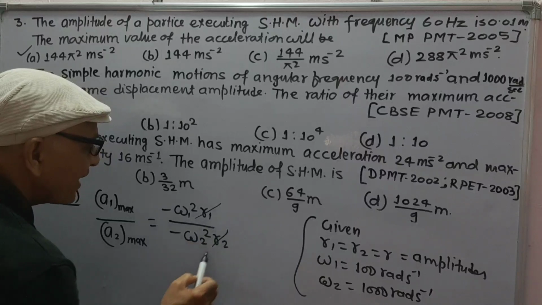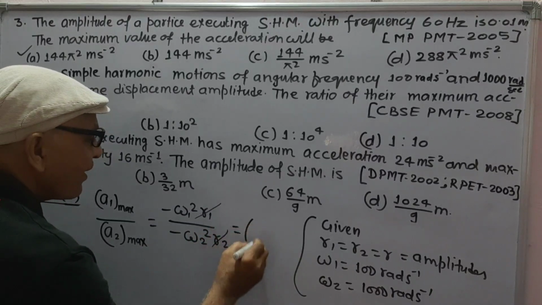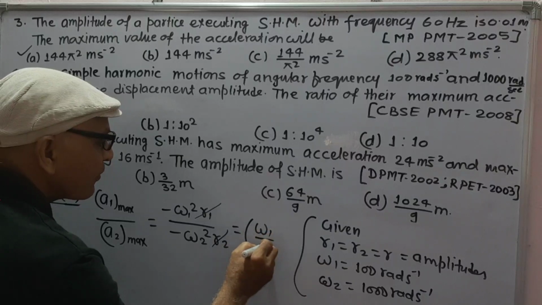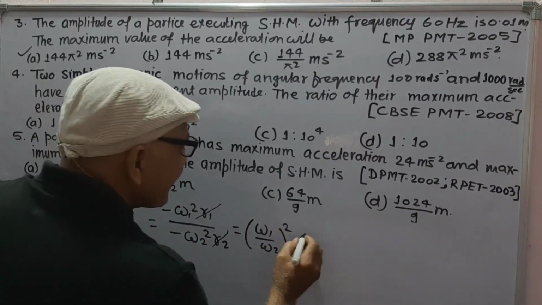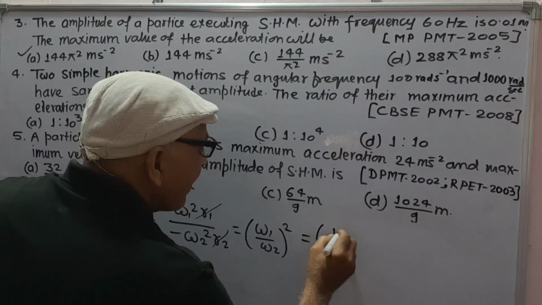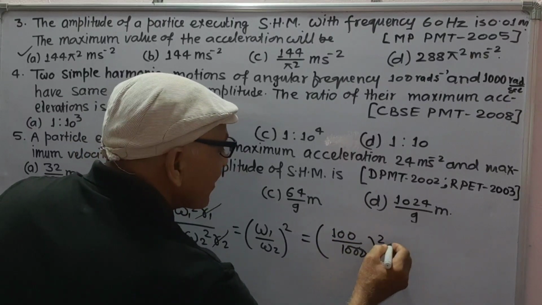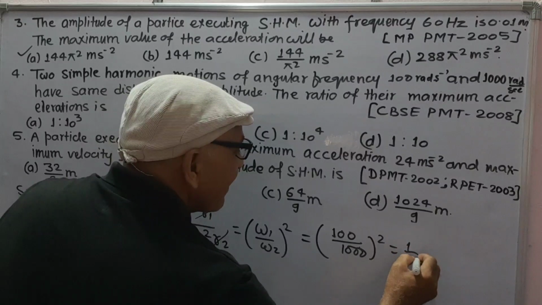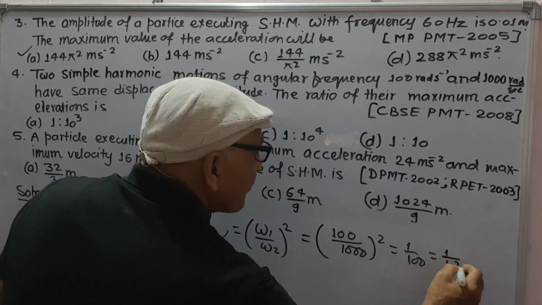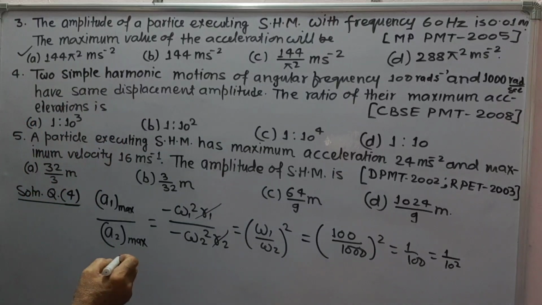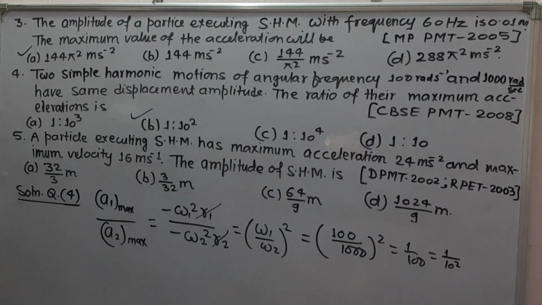R1 and R2 being the same cancel out and this gives omega 1 upon omega 2 whole square, which is 100 upon 1000 whole square, means 1 upon 100 or 1 upon 10 to power 2. So the correct option is B, 1 is to 10 to power 2.